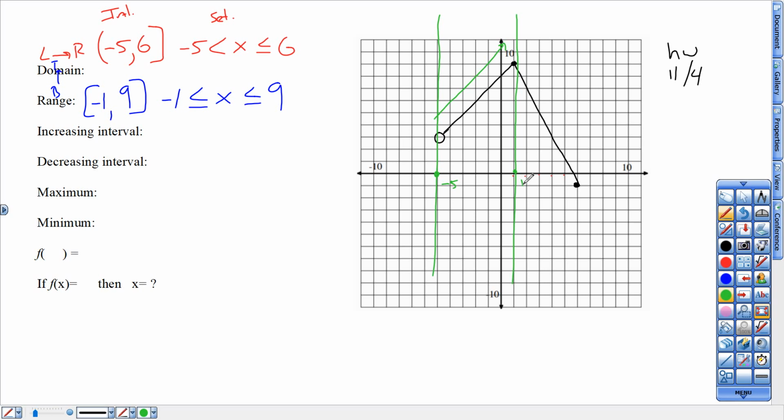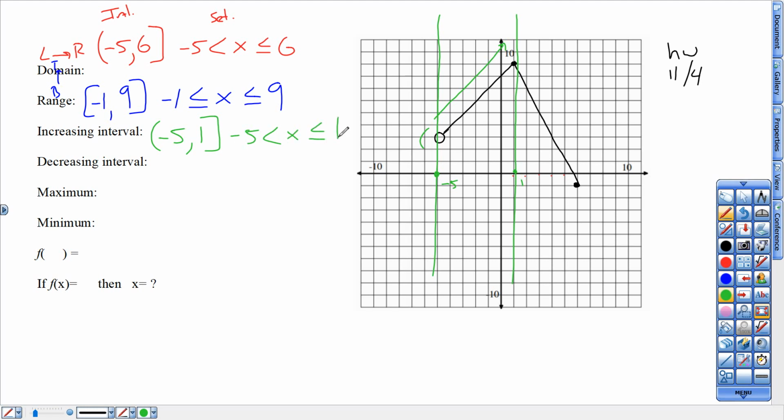And again, this has an open bracket because that's an open circle. So where is it increasing? That goes from -5 open all the way to 1 square. If I wrote that as an inequality, it would be -5 less than, not less than or equal to, x less than or equal to 1.